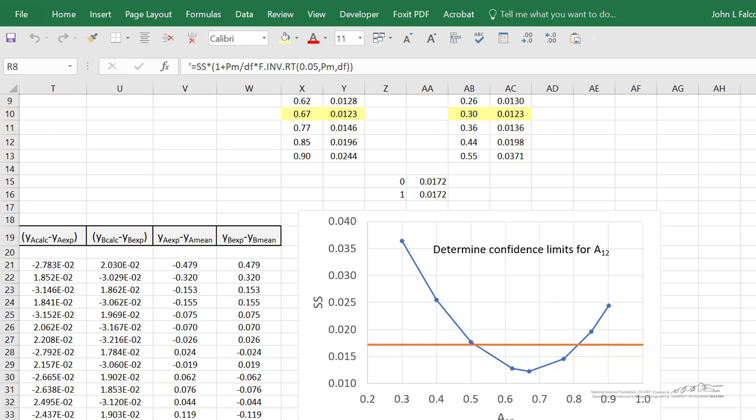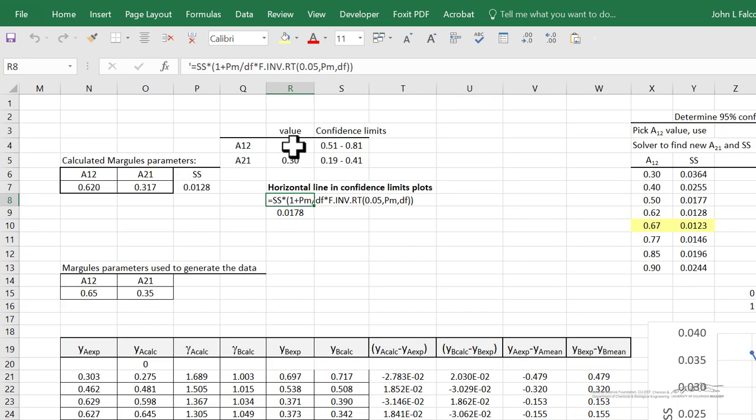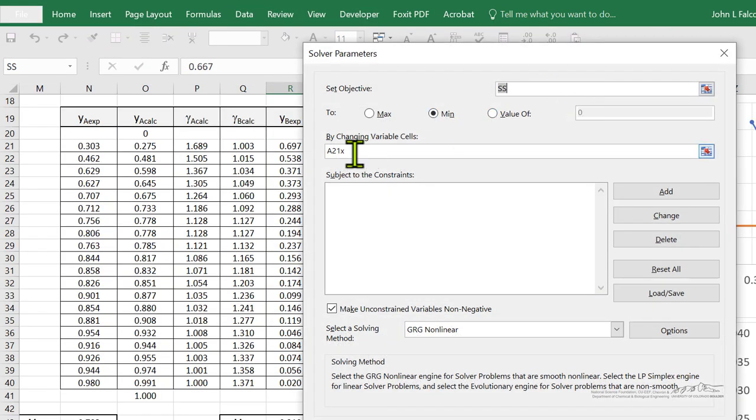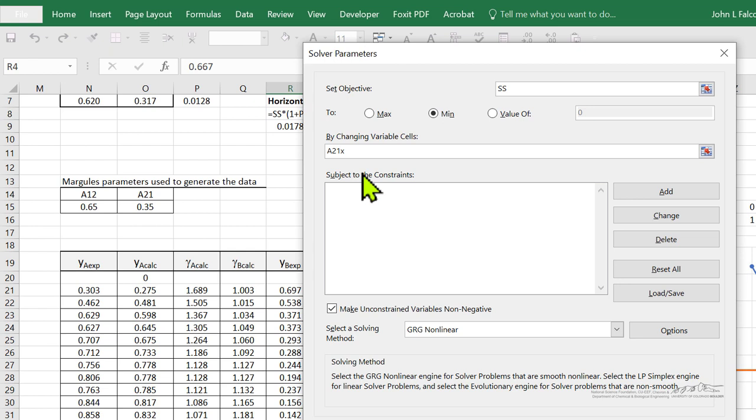So now we can go back to the correct values for minimized, which are listed here. And remember, we got those by using Solver. So we go to Data and Solver, and we're going to vary A21x and A12x.